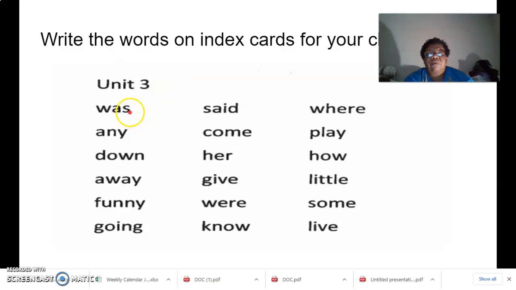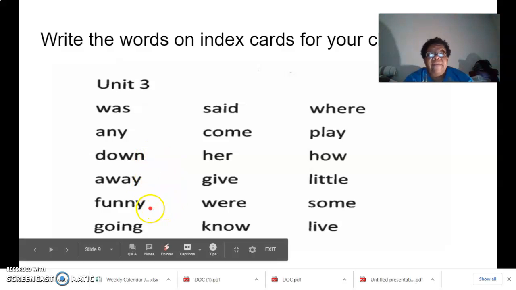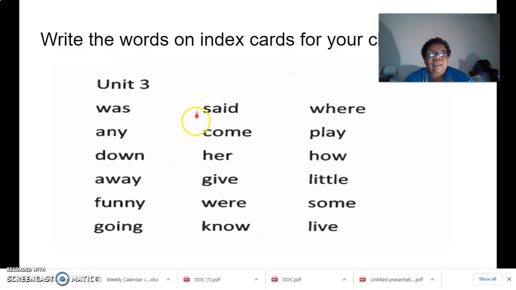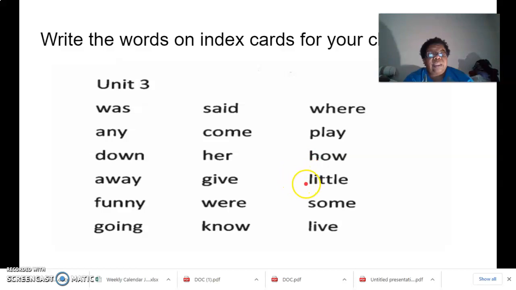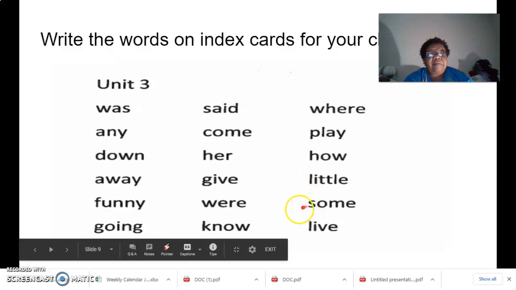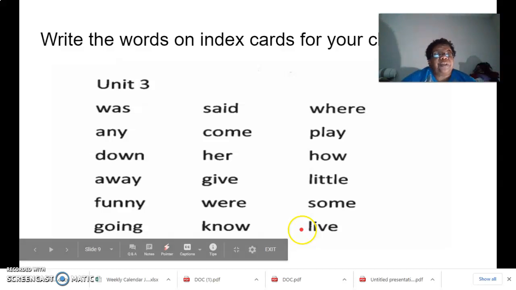We have was, any, down, away, funny, going, said, come, her, give, were, no, where, play, how, little, some, live. So those are words to make sure you're practicing, okay?